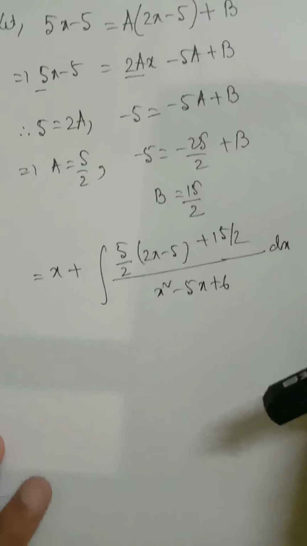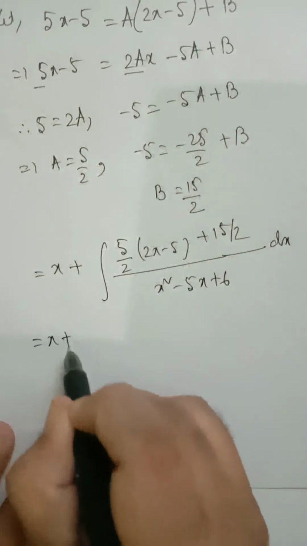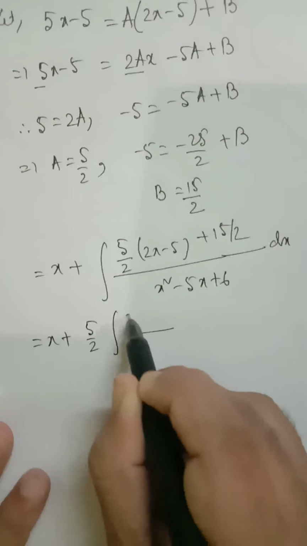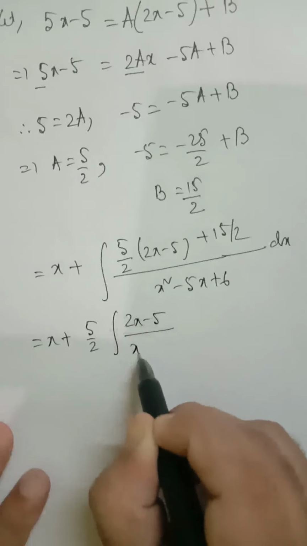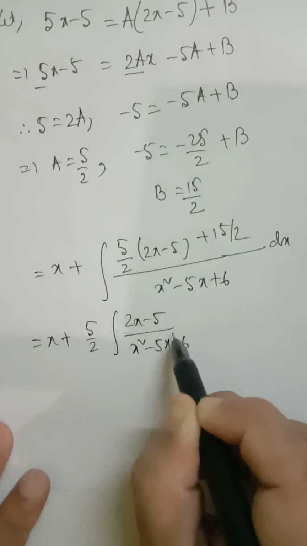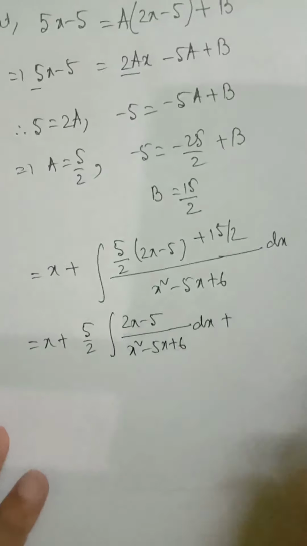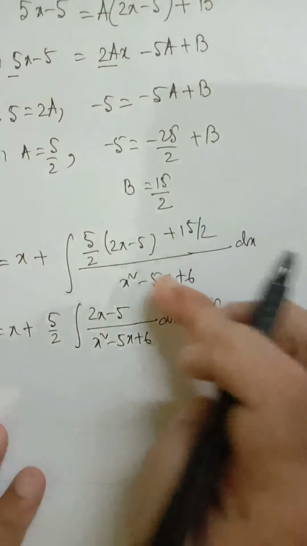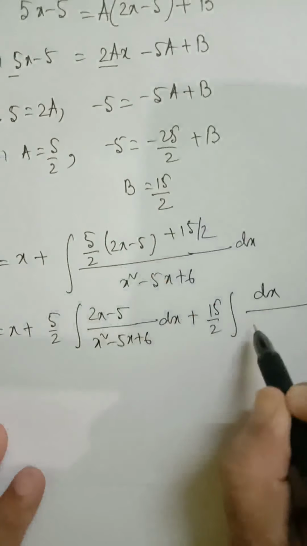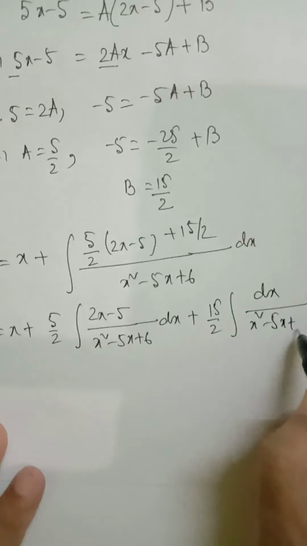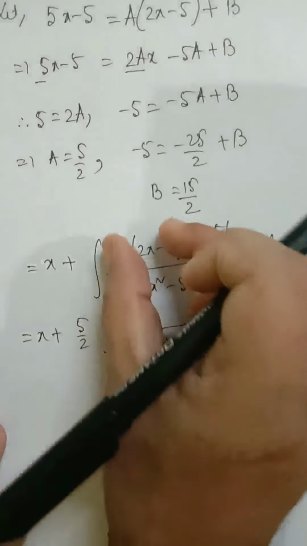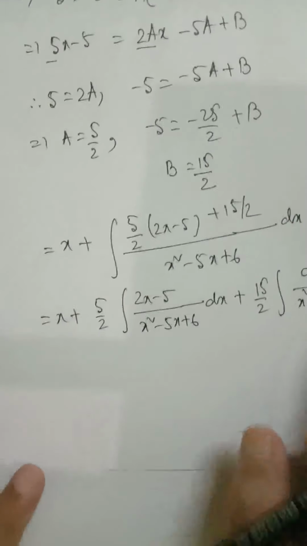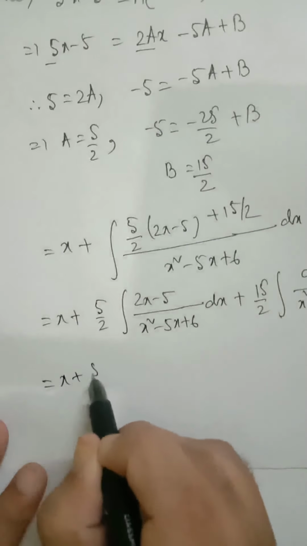Now we'll separate: x plus 5 by 2, 2x minus 5 by x square minus 5x plus 6 dx plus 15 by 2, this by this, dx by x square minus 5x plus 6. I have just separated these two parts.